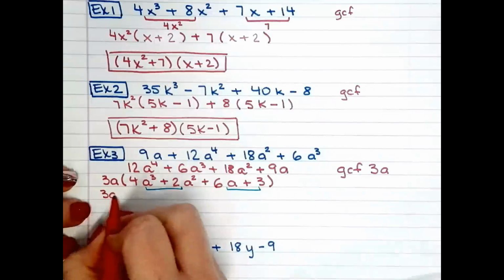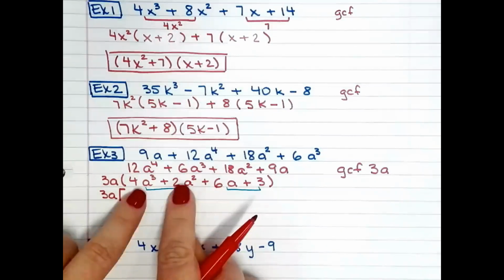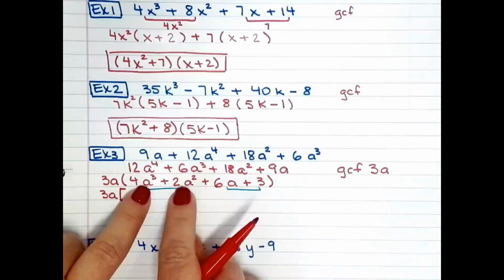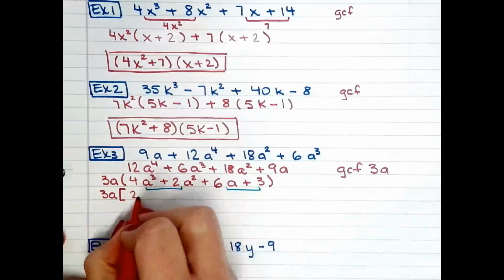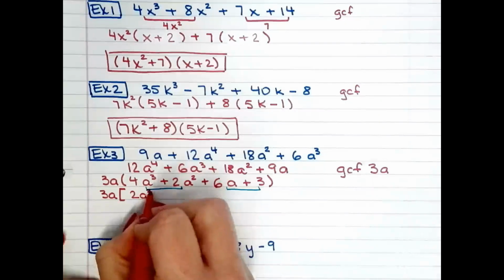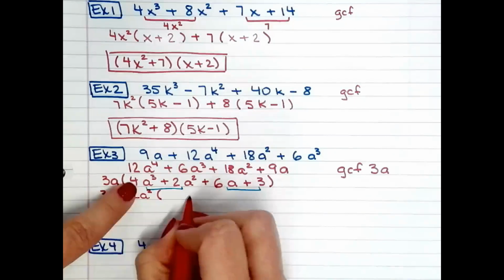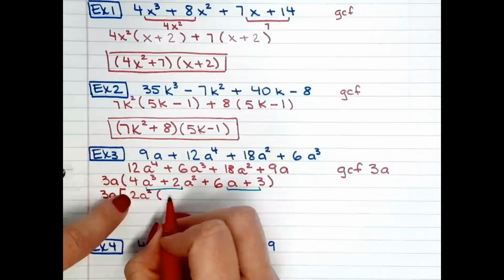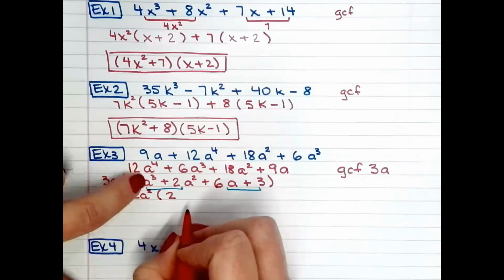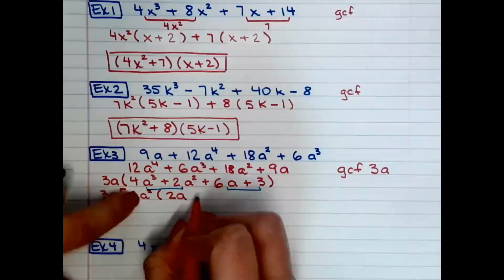So I have 3a. Now, the GCF between 4a cubed and 2a squared will be 2a squared, sorry. Now you divide, goes right there. 4 divided by 2 is 2. A cubed divided by a squared is a.